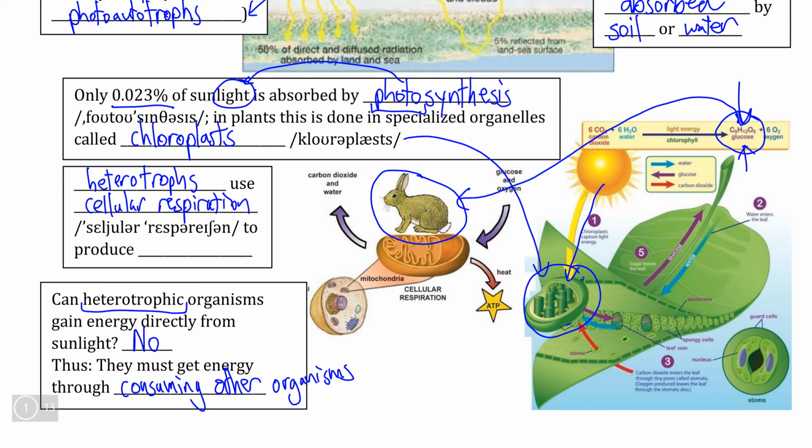And as it turns out, the process of cellular respiration looks very similar to the process of photosynthesis, and that is where we take our sugar, C6H12O6, and we know that every heterotrophic organism, including humans, needs to breathe in oxygen gas.